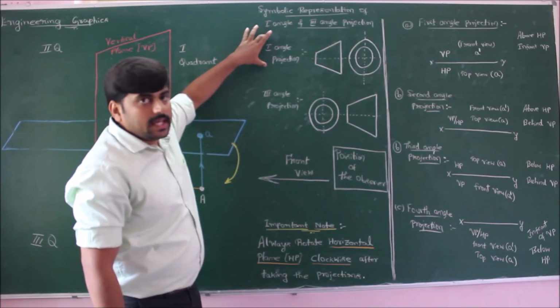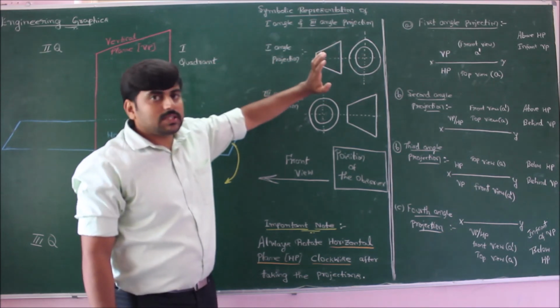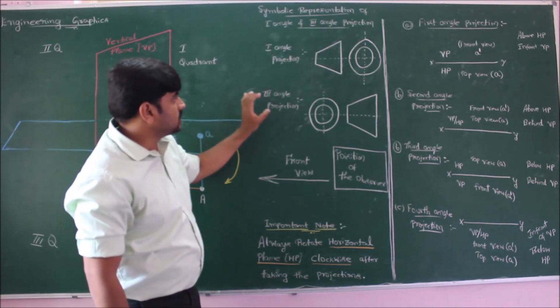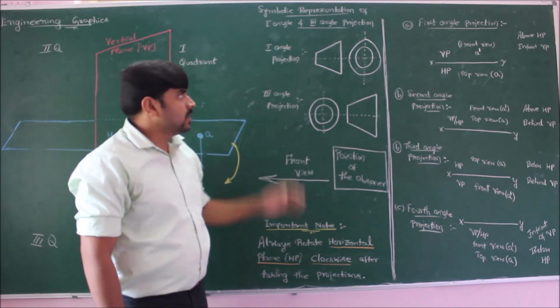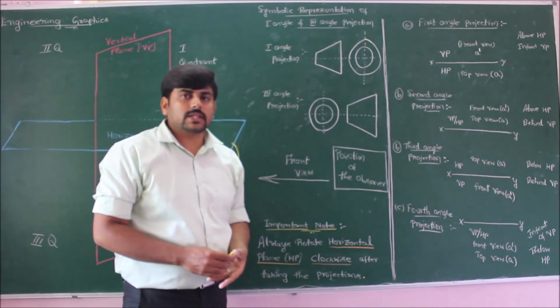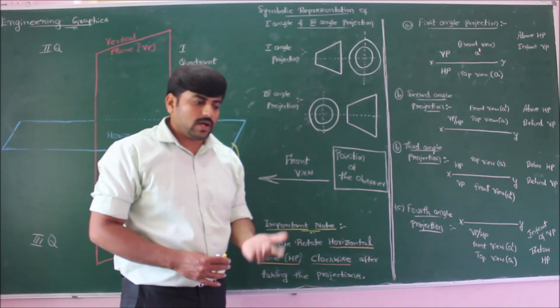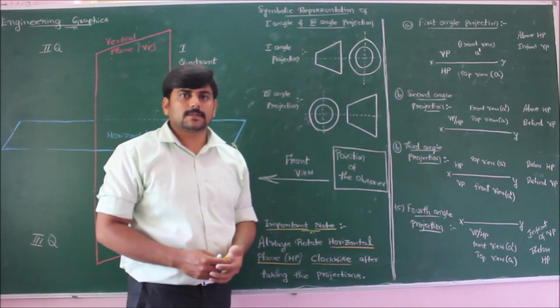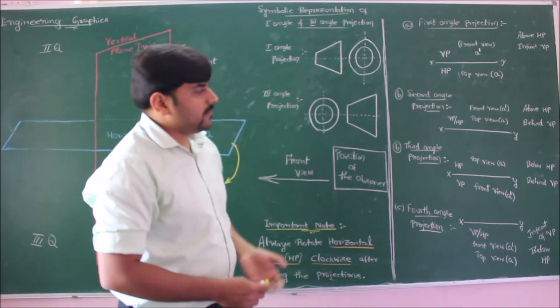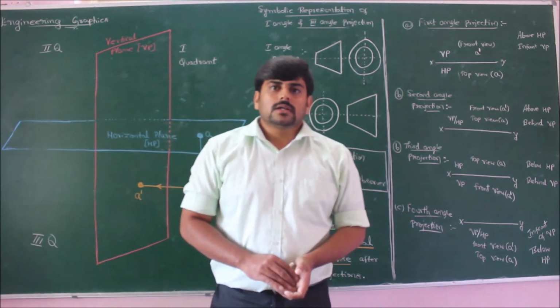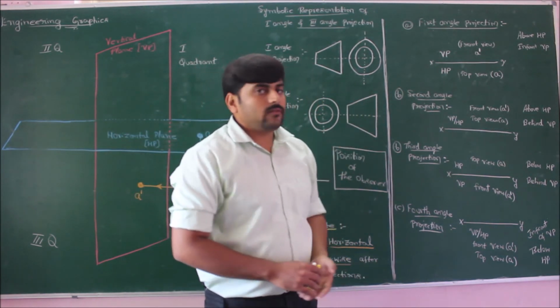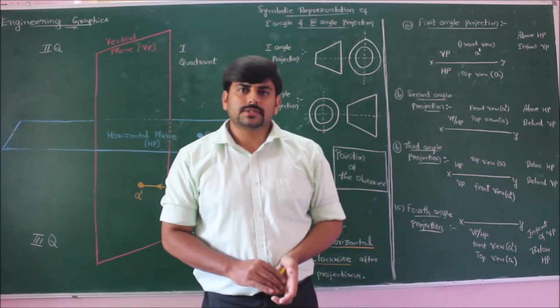So this is the symbolic representation of first angle projection, and this is the symbolic representation of third angle projection, which is a very important question asked in interviews for engineers on engineering graphics. So this is the brief introduction about the different angles of projections which we can use.